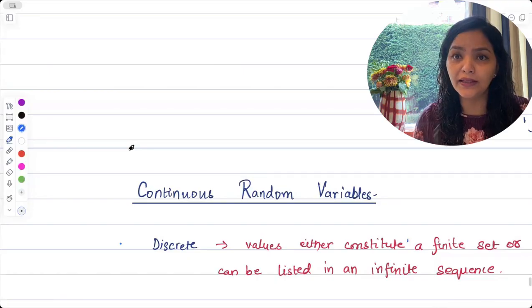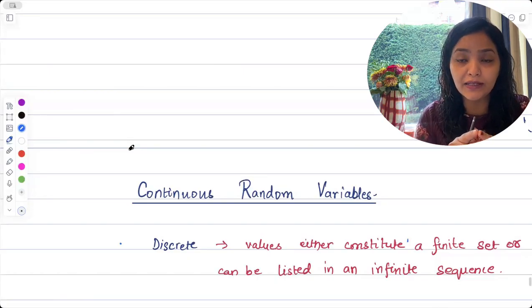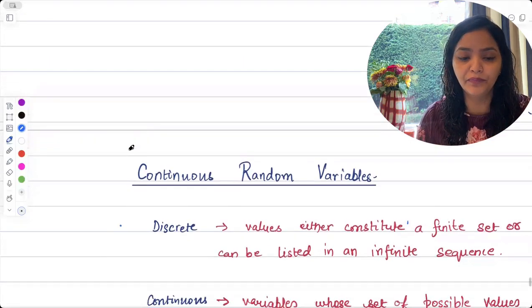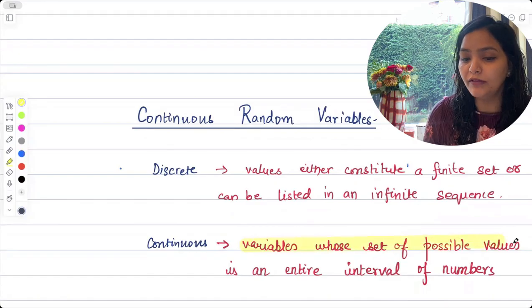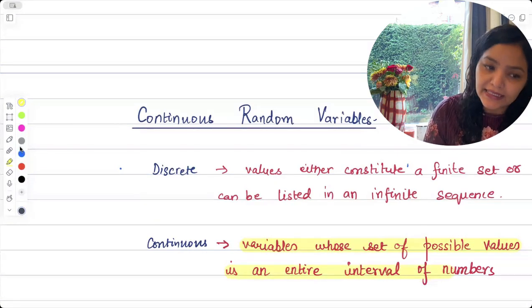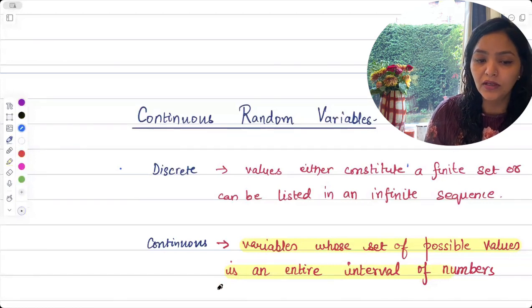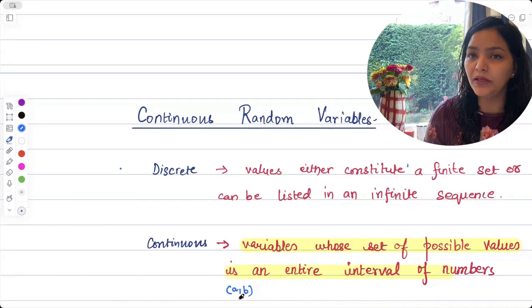That means it's taking values in between, say, some interval. So a variable whose set of possible values is an entire interval of numbers is continuous in nature. So say you have interval AB.